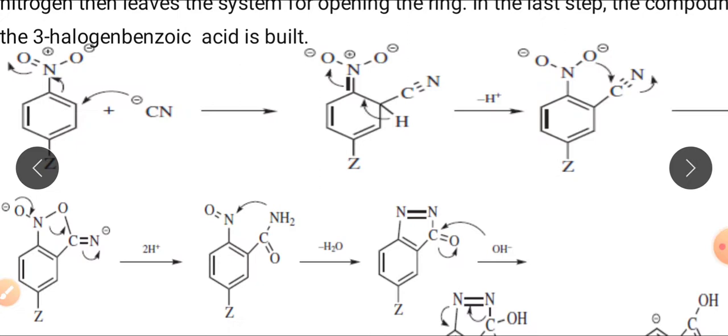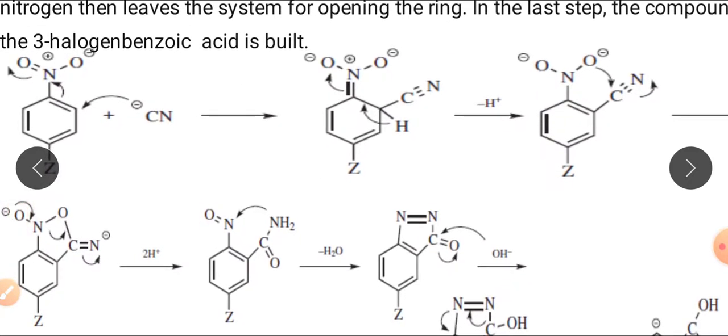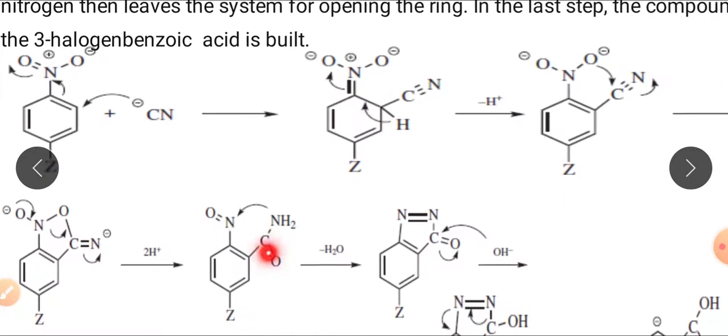Now there is another movement: this particular bond, that is O negative, will move to form N double bond O, with migration of this particular bond, that is N oxygen, to form C double bond O NH2.